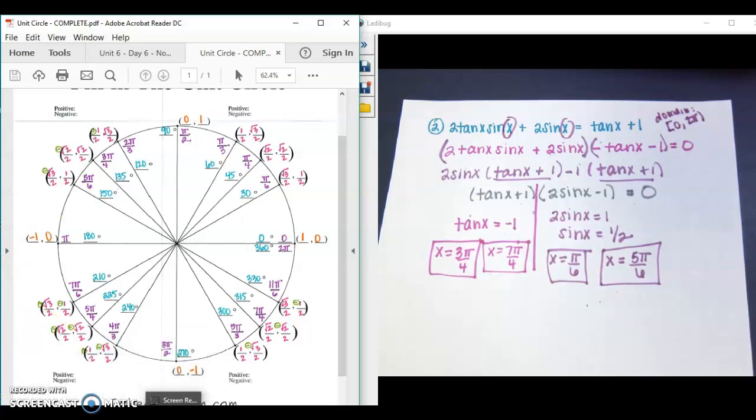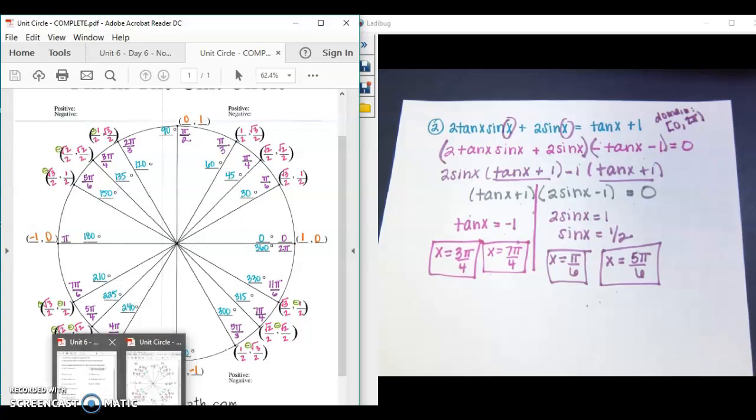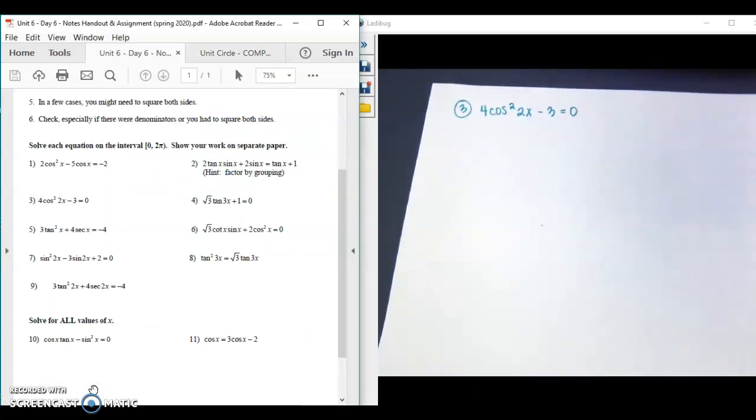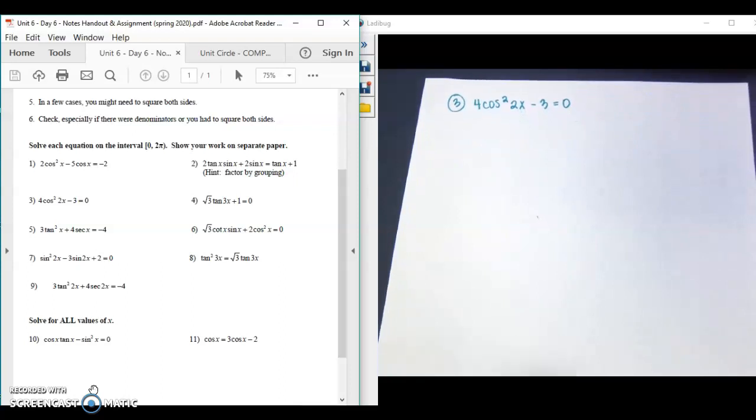Alright. So next, for problem 3, we're looking at the 4 cosine squared of 2x minus 3. Okay, so here's where things are a little bit different. There's only one trig function, so you're not going to change trig functions.